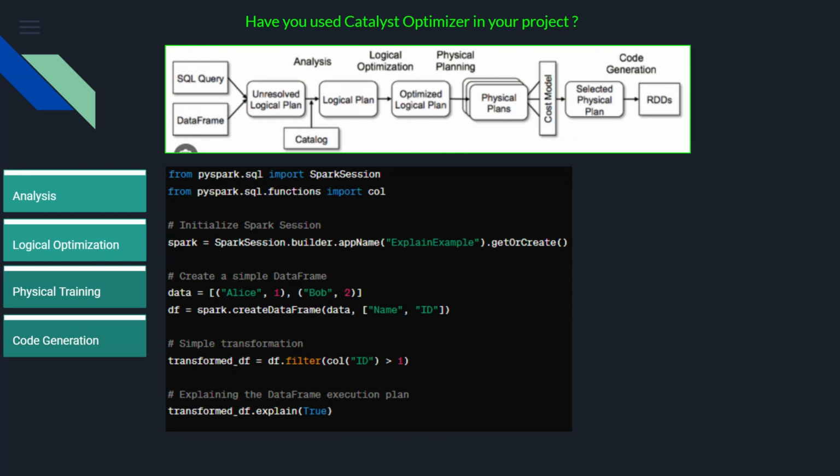It will show you all the execution steps, and you can check them. And coming to the use case scenario, Catalyst is particularly beneficial in complex data processing scenarios involving large-scale data transformations or aggregations.